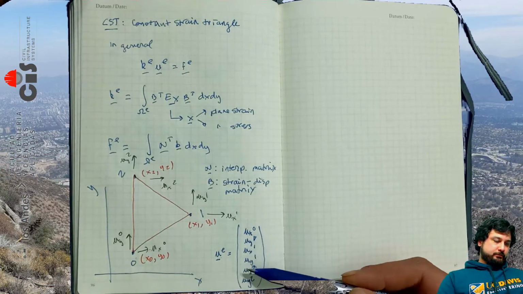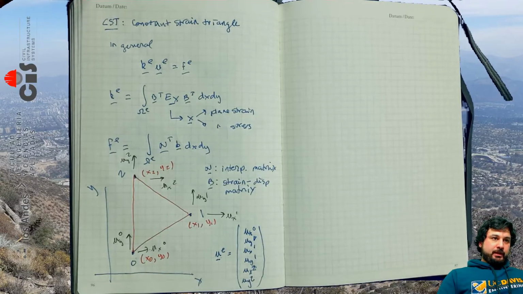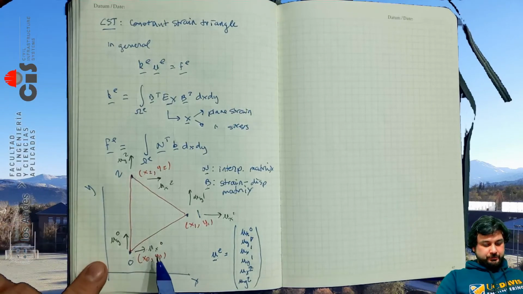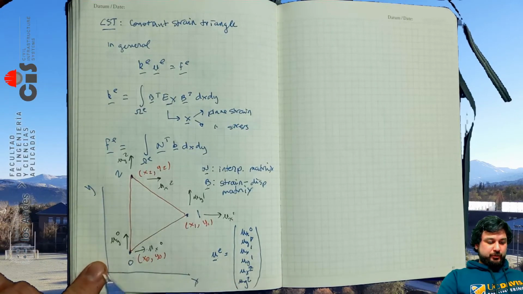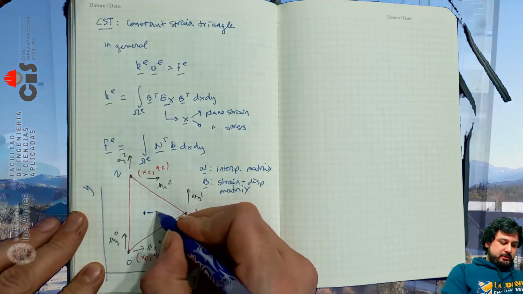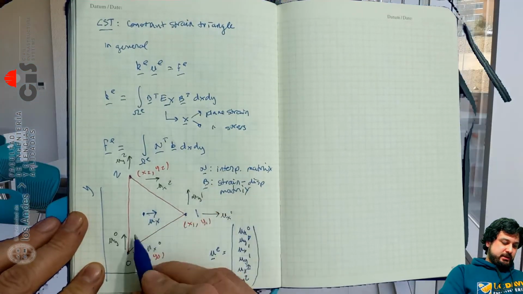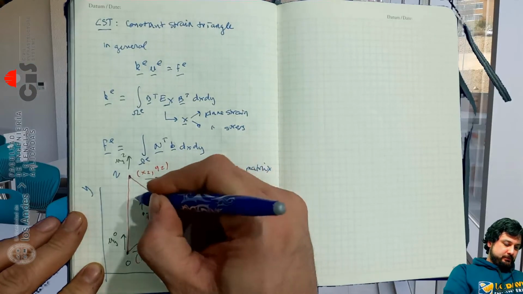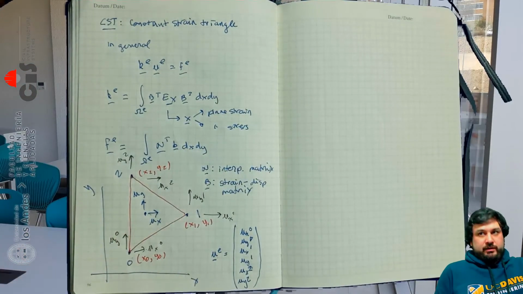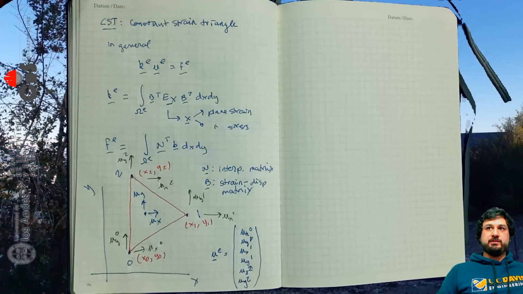Anyway, here we are, and the question of interpolation is as follows. Given the corner degrees of freedom for this element, what is the displacement field at an interior point? What is ux, uy at any given point inside? That's what the interpolation matrix is supposed to do.